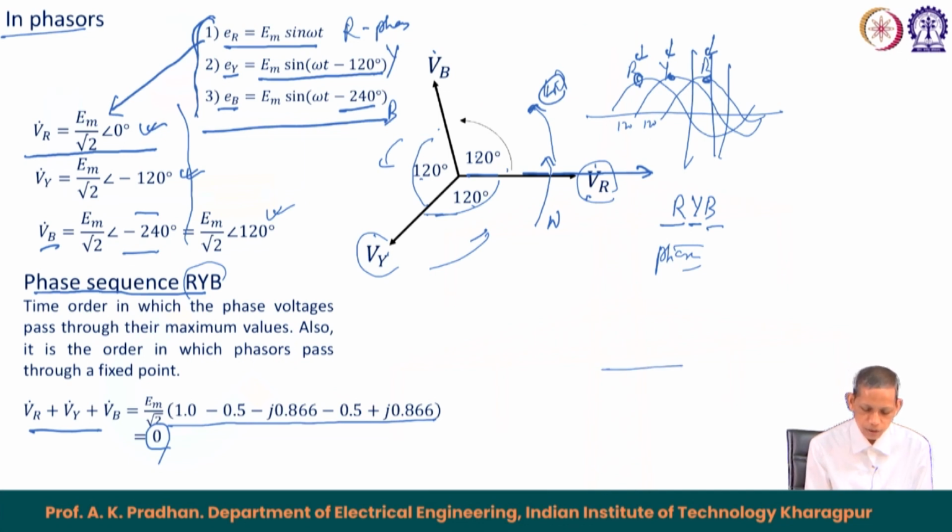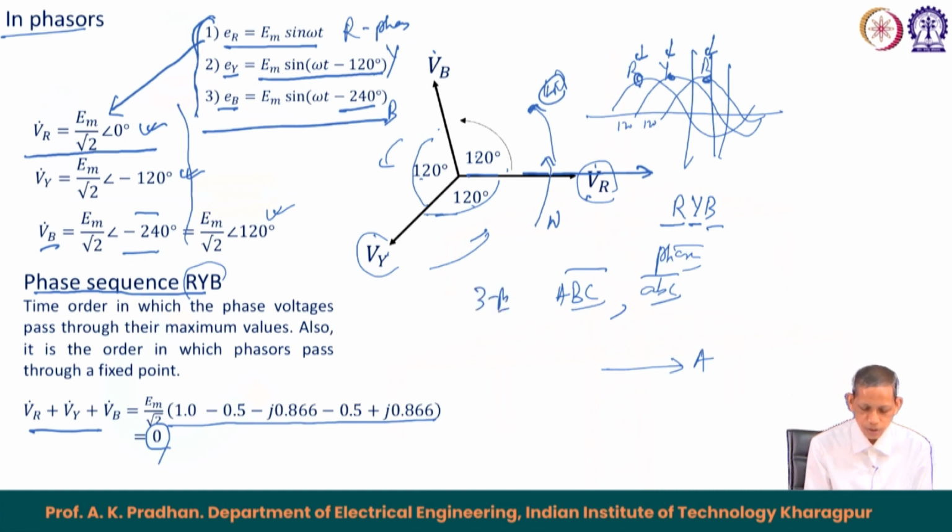Now, if I take another phasor domain, let us say this is A phase. The corresponding three phase systems are expressed in terms of A, B, C capital and also small a, b, c. These are different terminologies used for three phase systems.